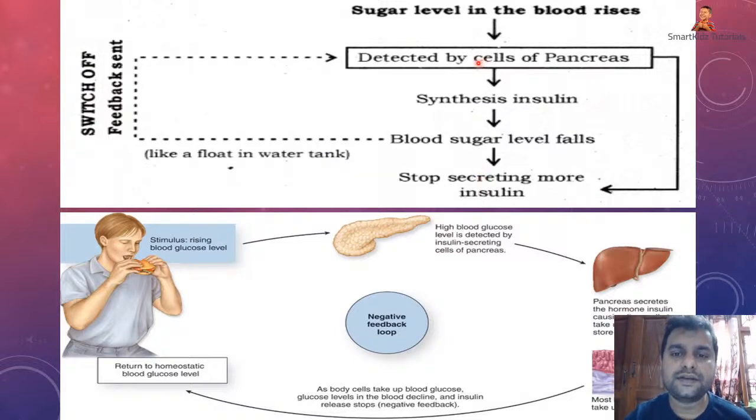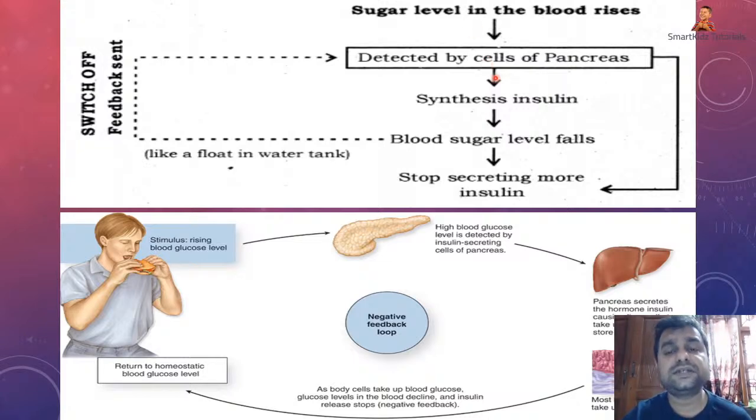If you have a look at this, when we consume food, the level of sugar in the blood increases because of the breakdown of carbohydrates and so forth. When the sugar level in the blood increases, it is detected by the cells of the pancreas. They receive the signal that the sugar quantity in the blood has increased.